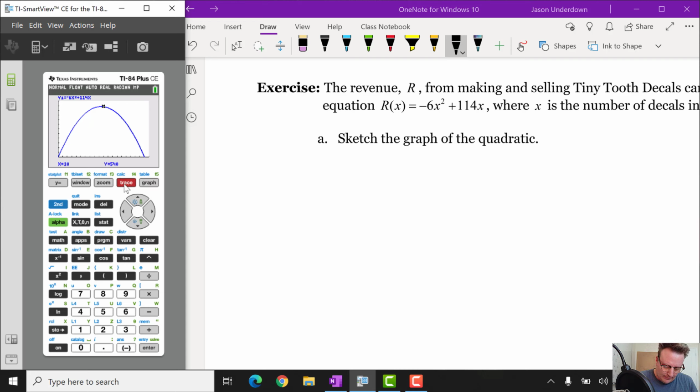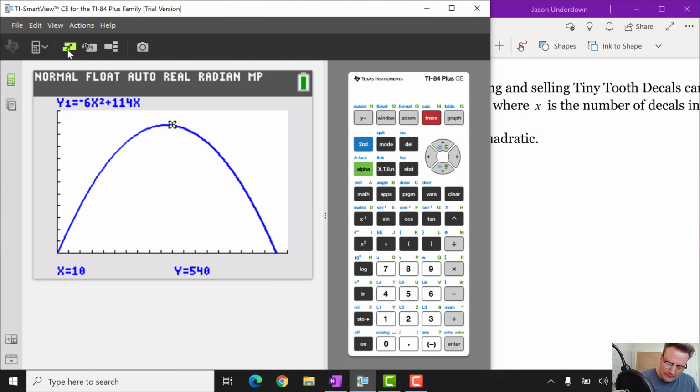Okay, I can trace that. There we go. So there's the graph, and the x-axis goes from 0 to 20, and the y-axis goes from 0 up to 600. So that gives you a feel for the scale.